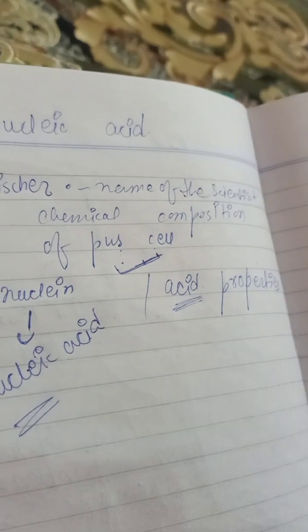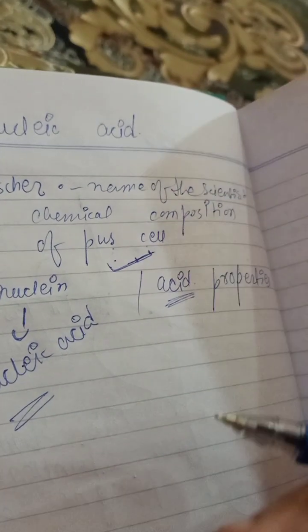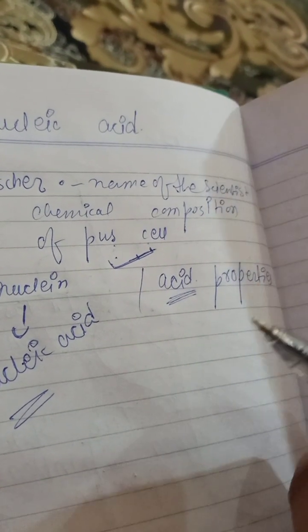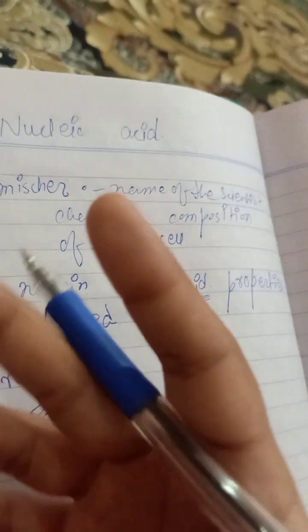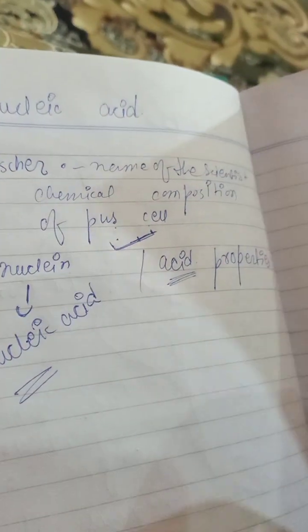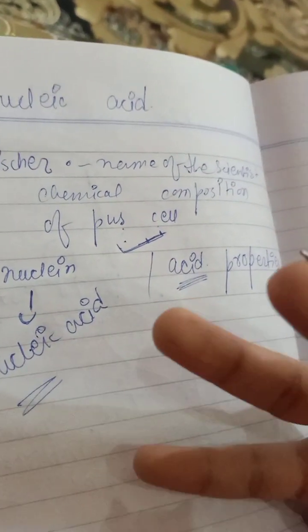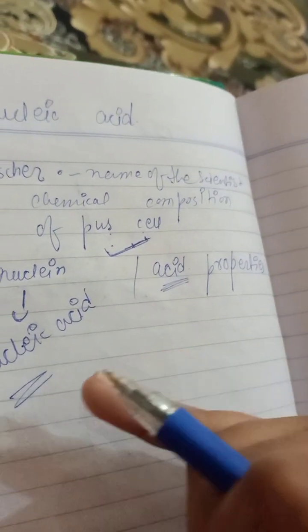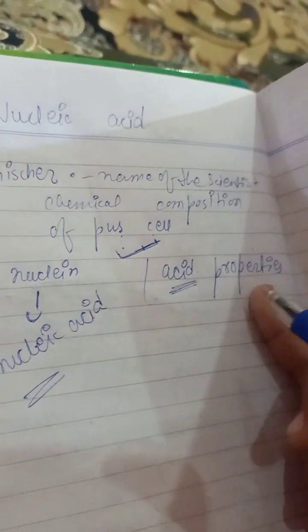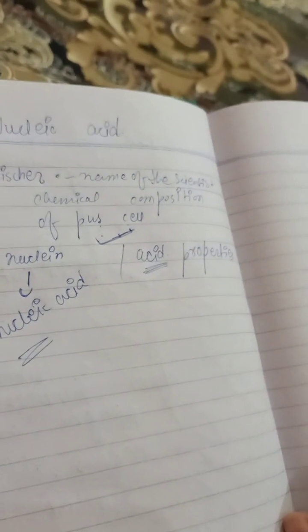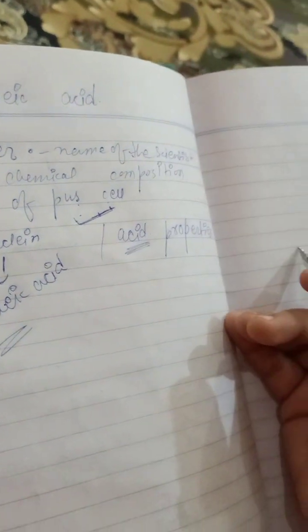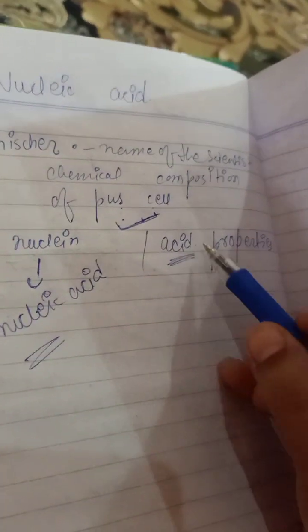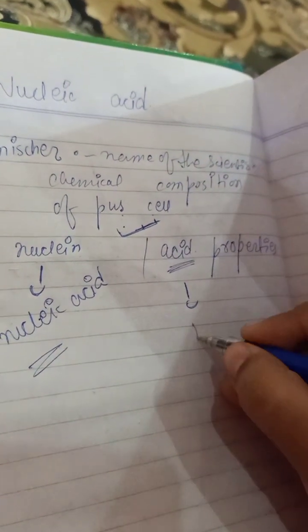But he isolated more, and it was located in the nucleus, and the chemical nature of nuclein was renamed nucleic acid because of the acidic properties. Okay, so which acid? That acid was the phosphoric acid.